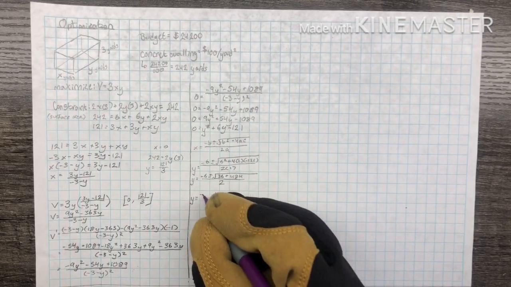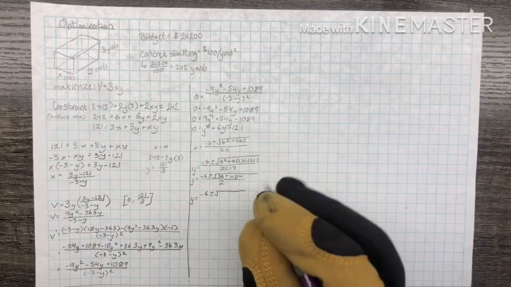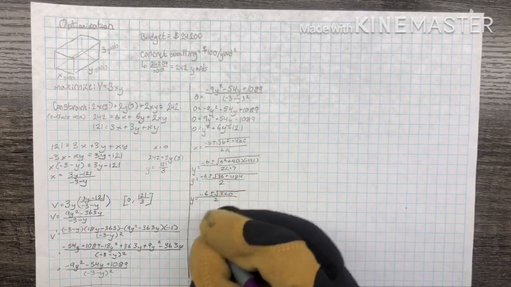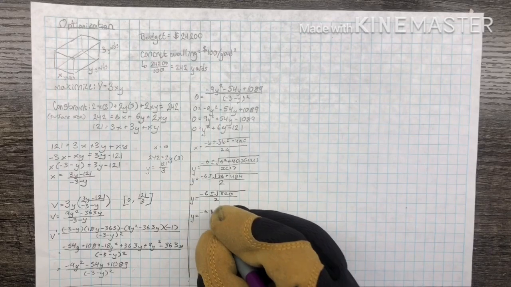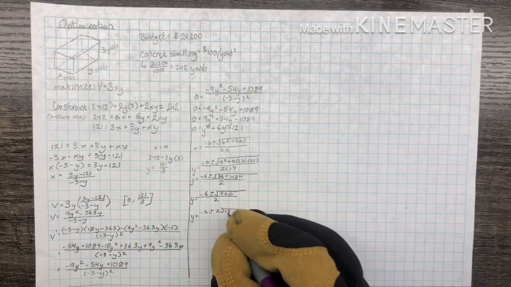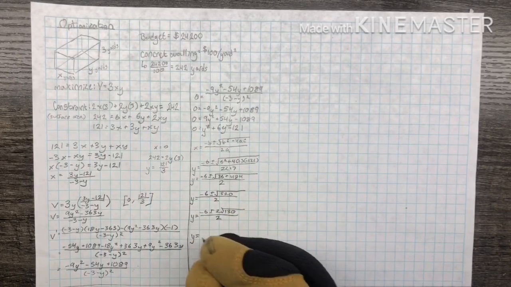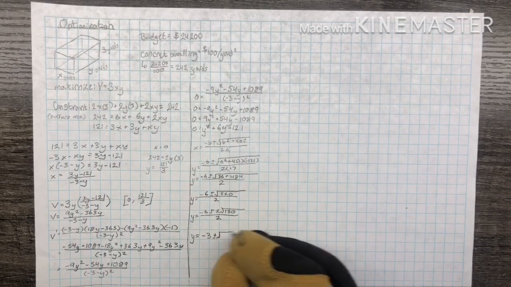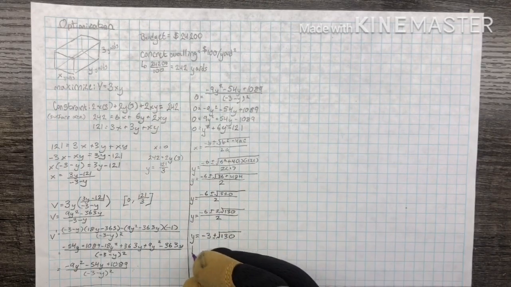Y will eventually come out to equal negative 3 plus or minus the square root of 130. But keeping in mind the positive interval that we are working on, y will just end up equaling the square root of 130 minus 3, which is roughly 8.401.